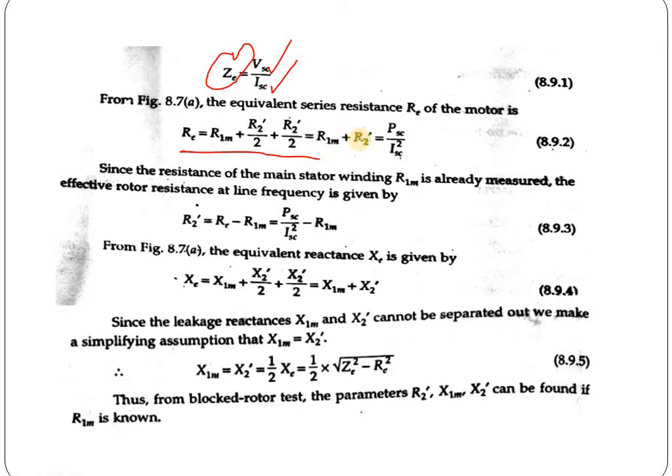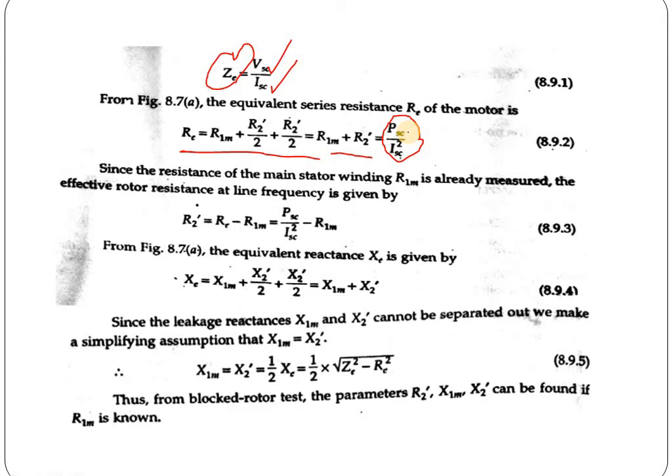Ultimately we can calculate this equivalent resistance value by using P by ISC square, where P is the power we have got from the wattmeter reading and ISC is the short circuit current we have got from the ammeter reading.